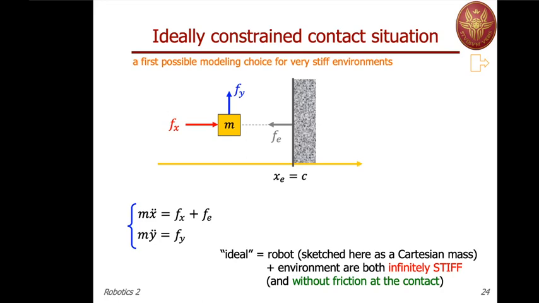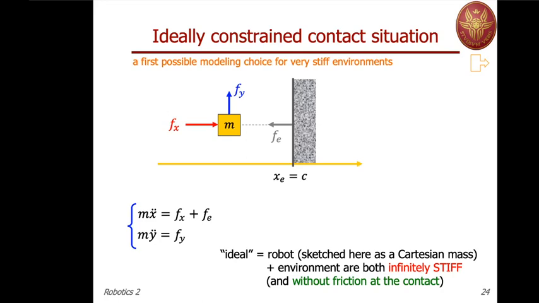Now, we forget for a moment where we are coming from, and we are getting closer to an environment which is represented by this gray wall, which is very stiff, so it doesn't undergo any deformation, and it's located at a certain position along the x-axis, so the environment is at x equal to some constant c. The environment will not move.